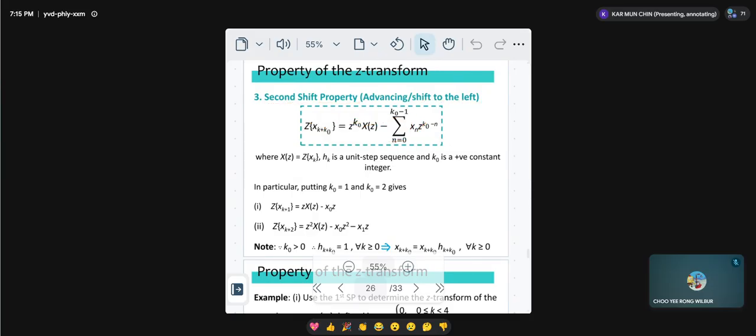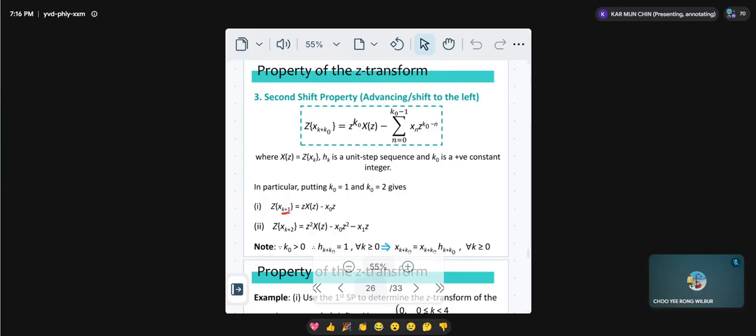We know that X(z) is equal to the Z transform of the sequence. What is h? h is the unit step sequence, when k is a positive constant integer. In particular, putting k0 as 1 and k0 as 2, you can look at these examples here.